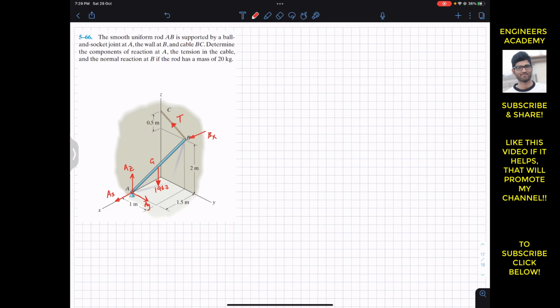Now, first of all, we have to represent all these vectors as Cartesian vectors. First, we have to represent this T, the tension in the cable from B to C, as a Cartesian vector.